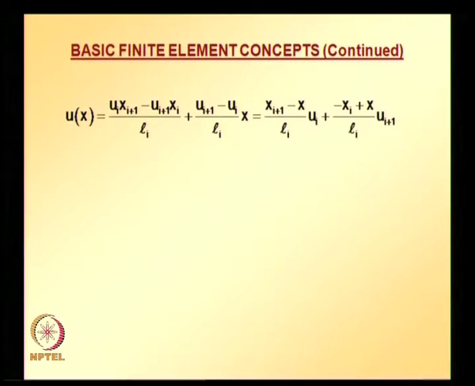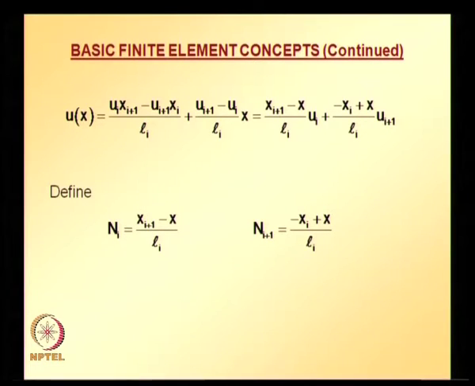So, first step is you substitute a naught, a1 into the linear trial solution that you started out with, and the second step is you group terms having ui as coefficient and ui plus 1 as coefficient separately. Whatever is the coefficient of ui is defined as Ni, and whatever coefficient you have for ui plus 1 is defined as Ni plus 1.